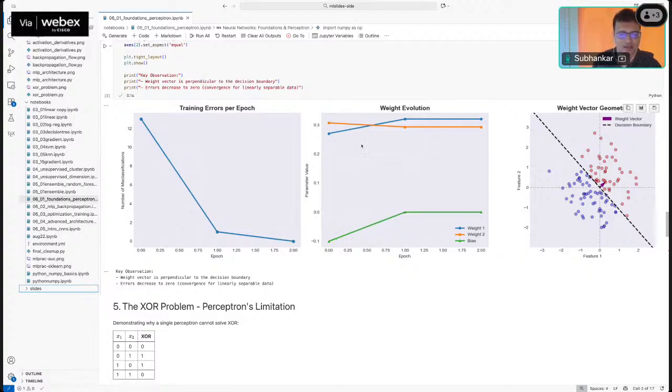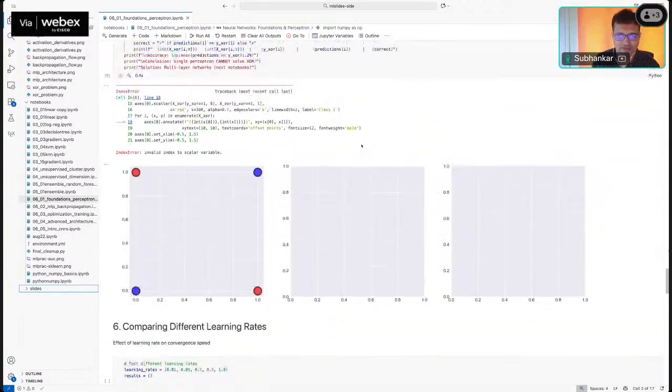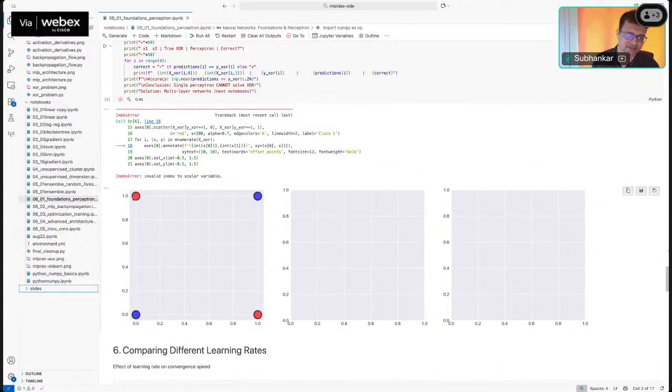Yeah. And the last one is basically the XOR problem. So the XOR problem is here. You can see that whenever it is 0 comma 0, it is 0 at the left bottom, and the right top is 1 comma 1, and 0 comma 1 is 1, and 1 comma 0 is 0.